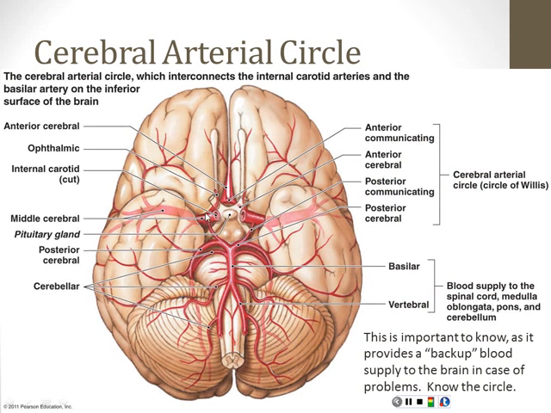The carotid artery comes up from the front then, and it divides to make the middle cerebral and anterior cerebral artery, but the two are connected. So you can see here and here, those are called the posterior communicating arteries. And they connect the carotid circulation in the front with the vertebral circulation in the back.